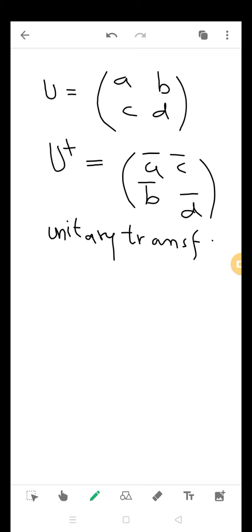Now, what do we actually mean by inner product? This word has to be understood: inner product preservation.